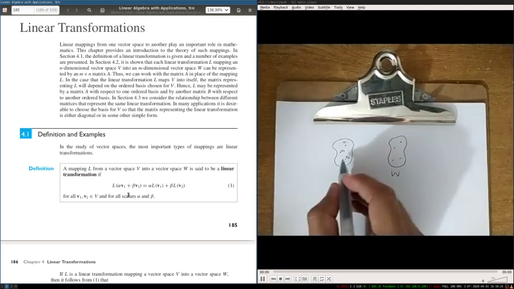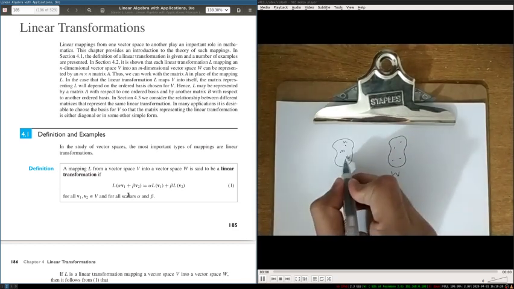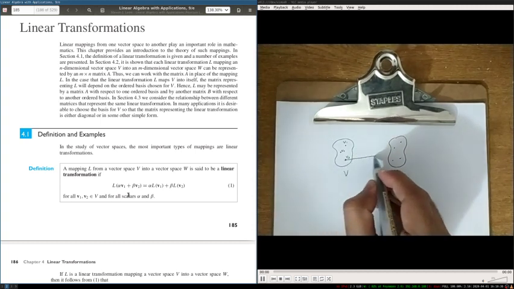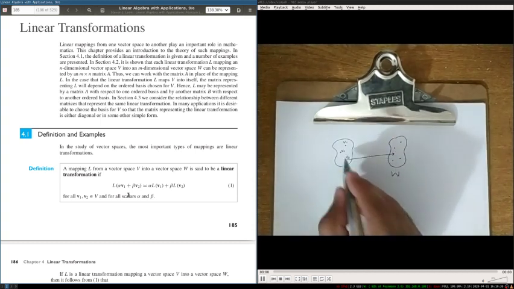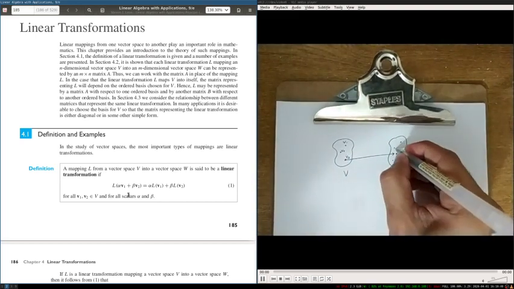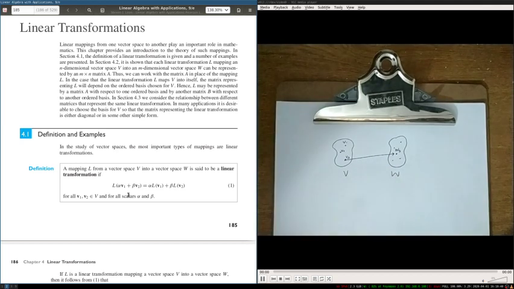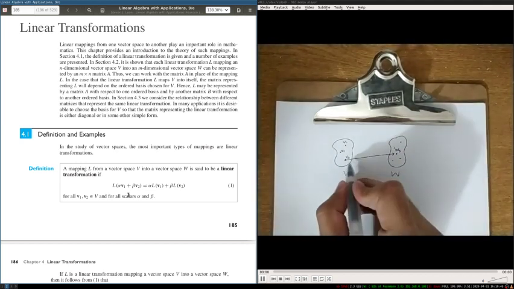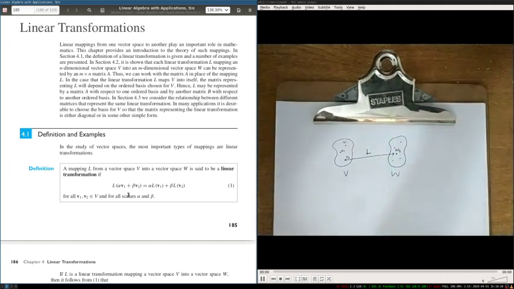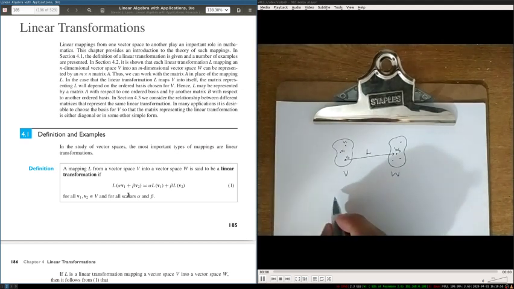Let's suppose you take a vector in this space and map it onto any other vector in this space. So let's suppose V3 was mapped onto W3 or W2 or W1. And the way we write this, we call this mapping L. So this is like a function, but we call it a linear transformation.